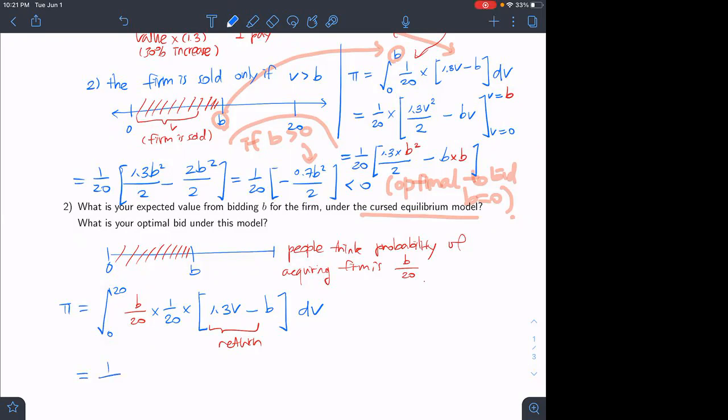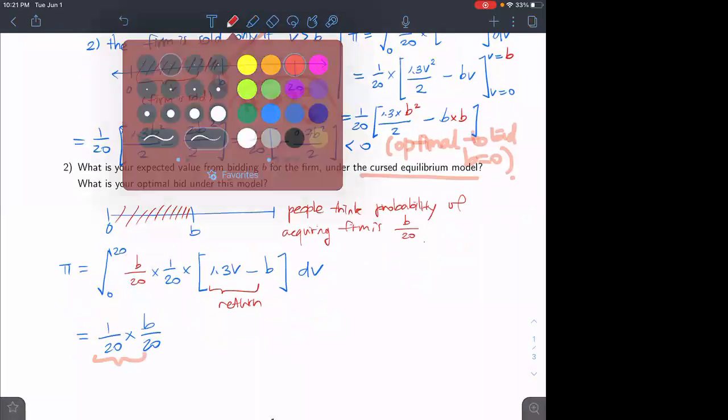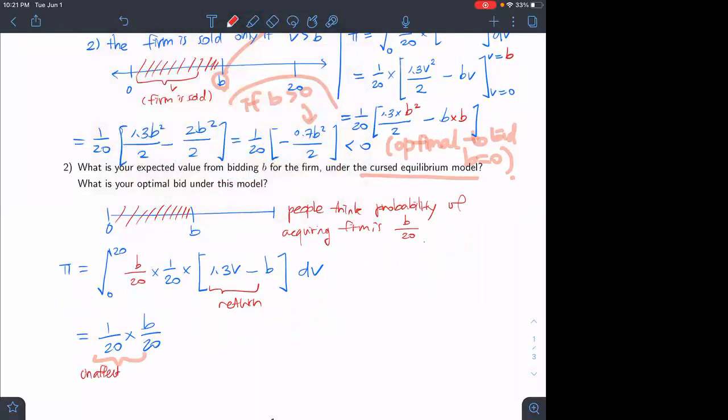These parts are unaffected by the integration, so I can just focus on this latter part of the integration, which is 1.3 V squared divided by 2 minus BV. And then people integrate from 0 to 20. Okay. Any questions so far?